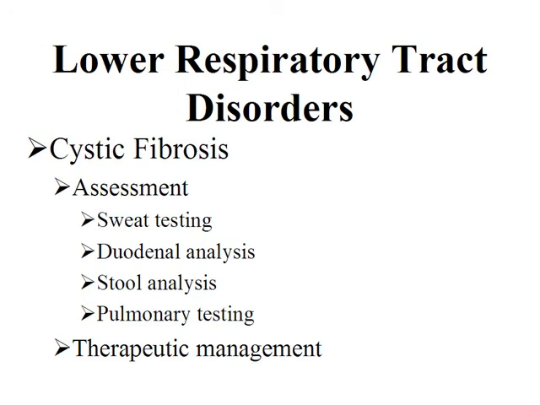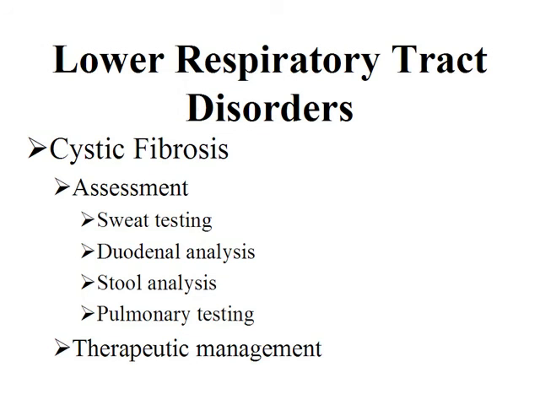Looking at duodenal analysis and stool analysis with cystic fibrosis, the earlier slide mentioned the pancreatic involvement. Children with cystic fibrosis lack the pancreatic enzymes that help break down the food they ingest.